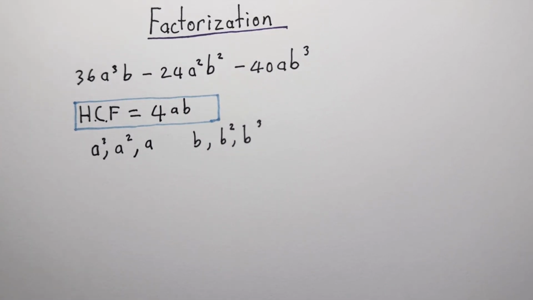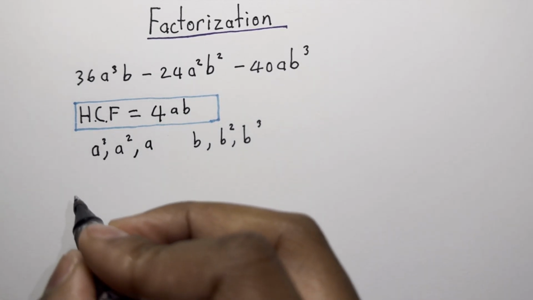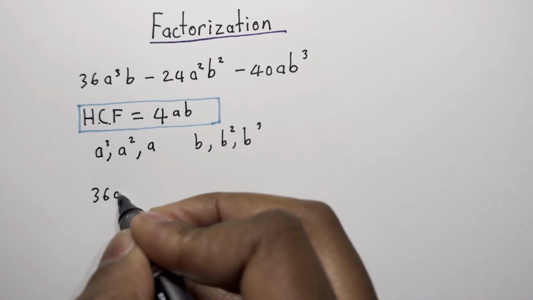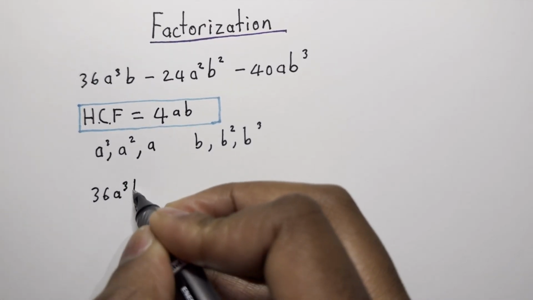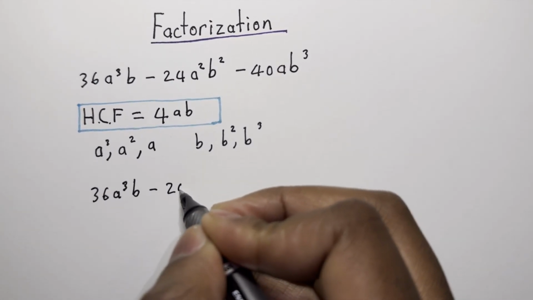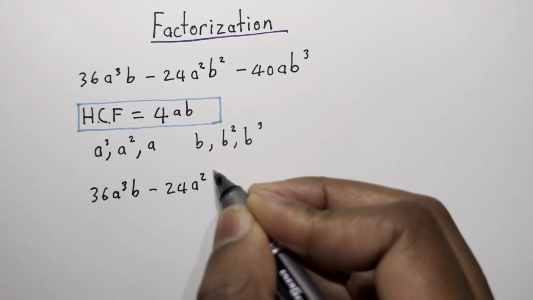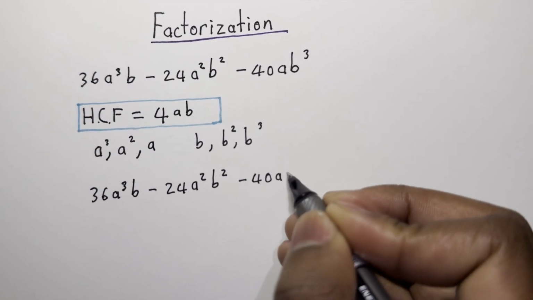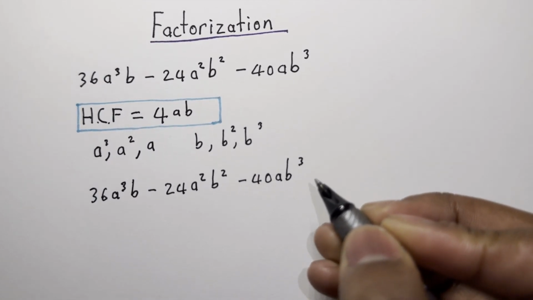Next, we're going to factor the HCF from the entire expression. So we have 36a cubed b minus 24a squared b squared minus 40a b cubed.